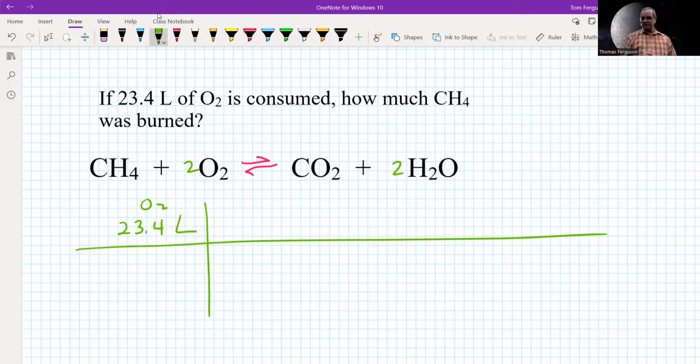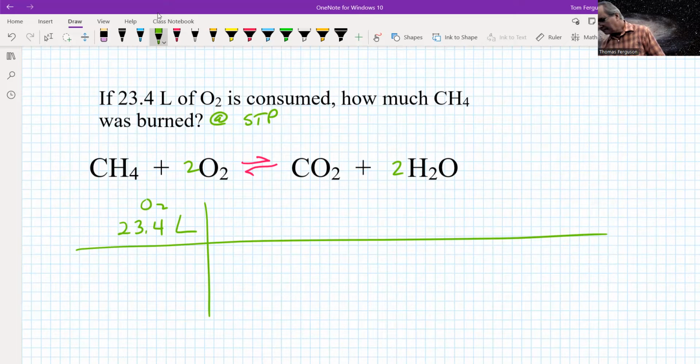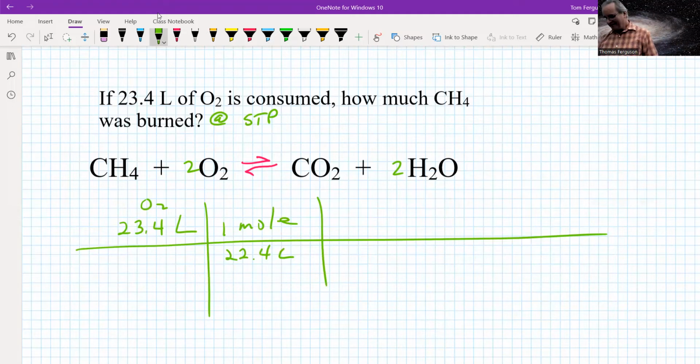So now we got to get liters into moles. What conversion factor are we going to use? Exactly. Okay. Now we have moles of oxygen based on its volume, 23.4.